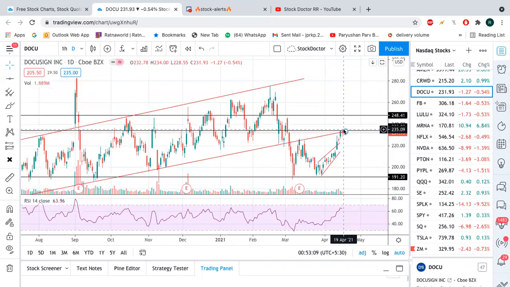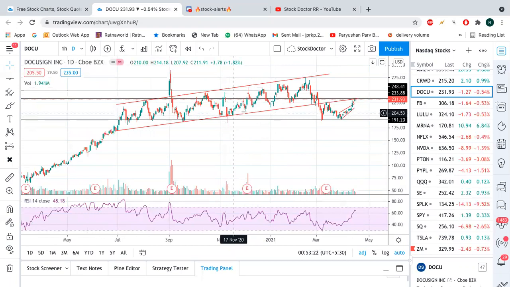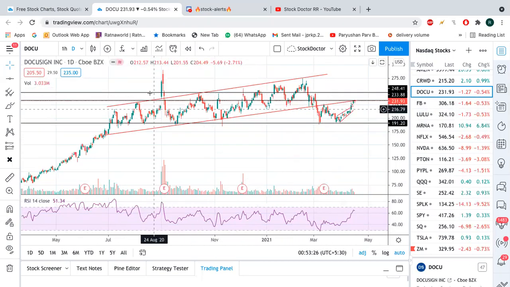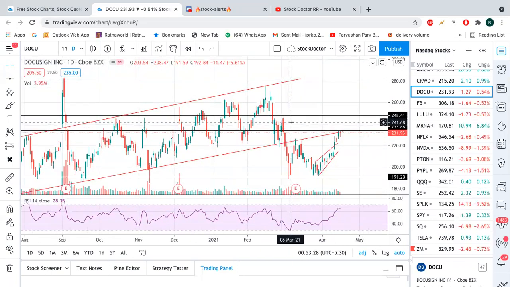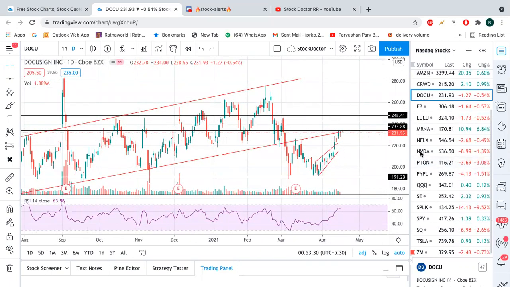Now DOCU is at the level where it is trying to trade above the horizontal resistance, where it had the trend line support when it was trading in this channel. So I will definitely watch for the level of 333.34 to cross. Then high probability for this stock to go towards 248.